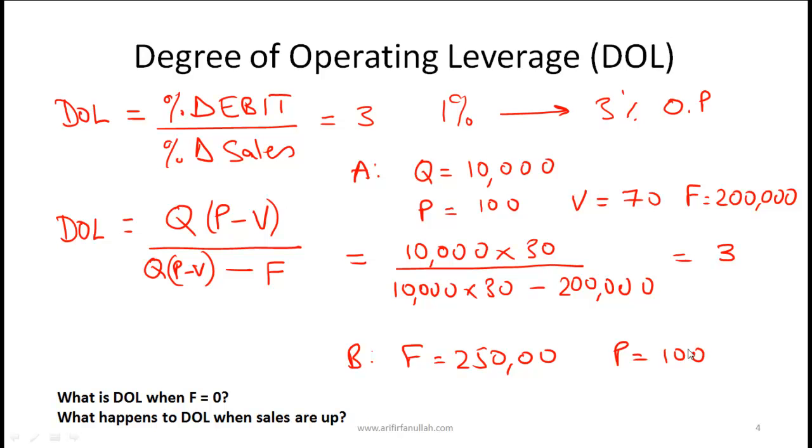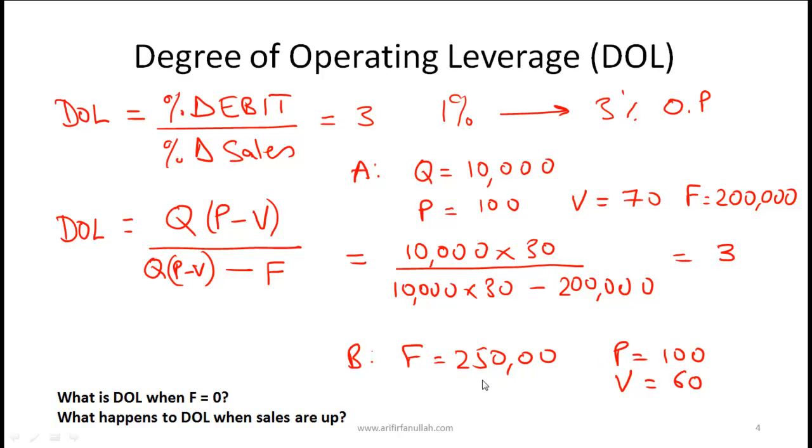So let's say it's also making cricket bats, but the process is more mechanized, so there is a greater investment. And since the process is more mechanized, let's say the variable cost is a little lower. So rather than being 70, the variable cost is 60.